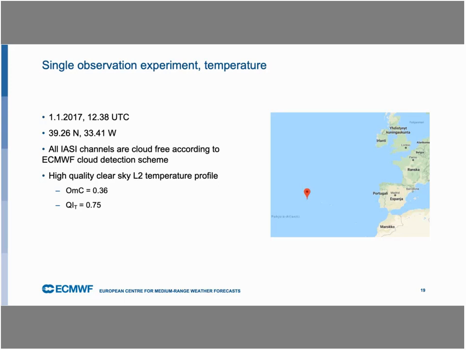And also the quality information that was provided with the temperature retrievals was indicating a very high quality profile. So O minus C was close to 0, indicating a cloud-free profile, and the quality indicator was less than 1, so it was well below the defined threshold of 1.5.